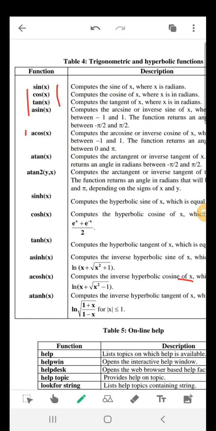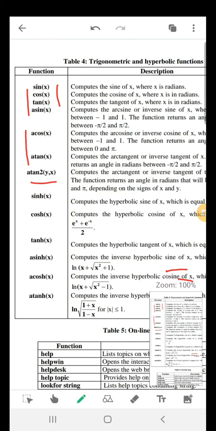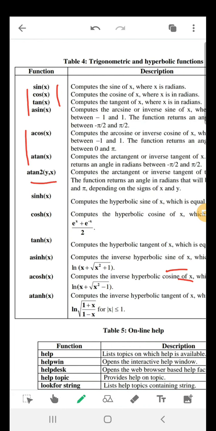Similarly, we have acos x, atan x, atan2 x. This is important because it computes the tangent or inverse of the tangent of x depending on the signs of x and y.